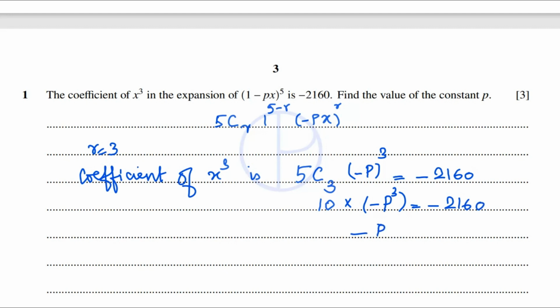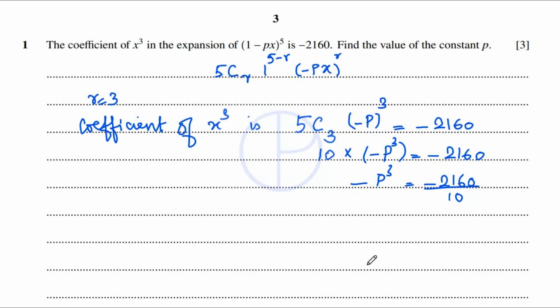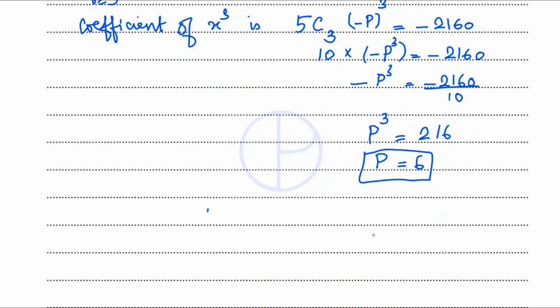So negative p cube equals negative 2160 divided by 10. The minus and minus get cancelled. So p cube equals 216. So p is equal to the cube root of 216, which is 6. So the value of p is 6.